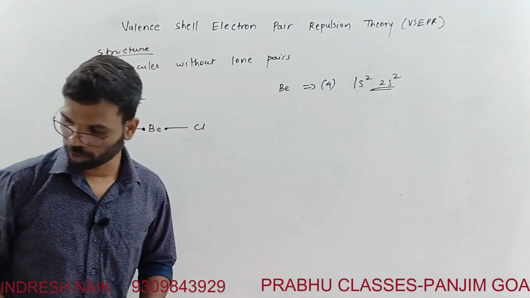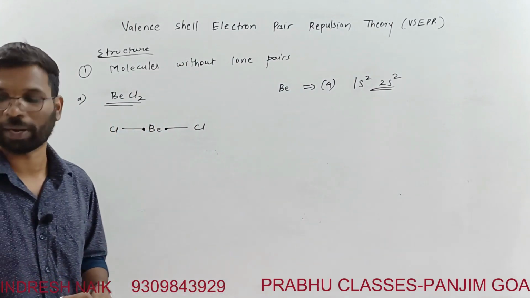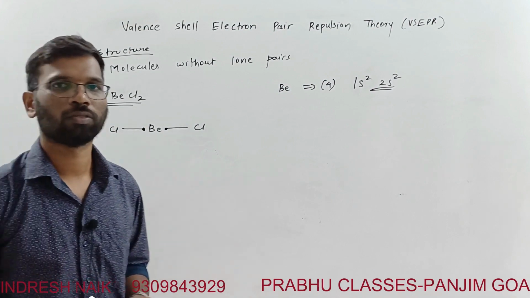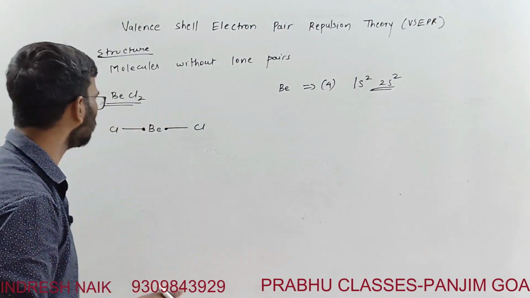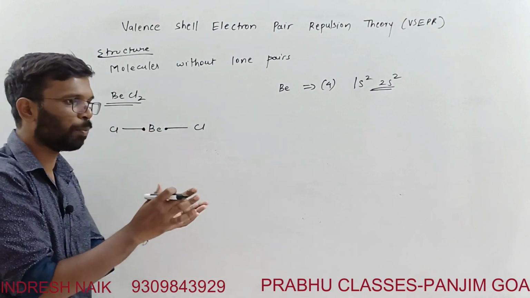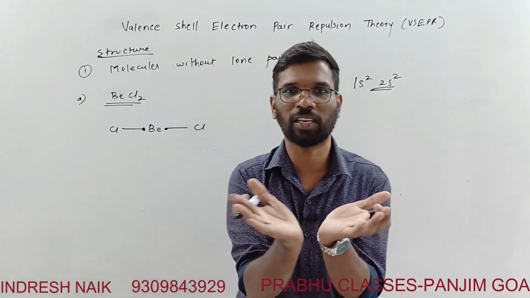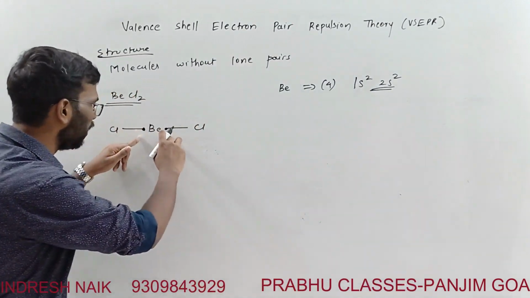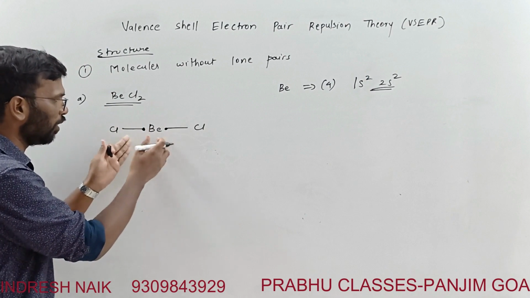If you see the first postulate, the shape of the molecule will depend upon the number of valence shell electrons. Here there is no lone pair, so there are just bond pairs, and they can stay as far apart as possible, which is 180 degrees.